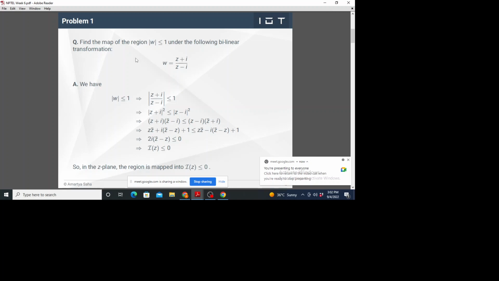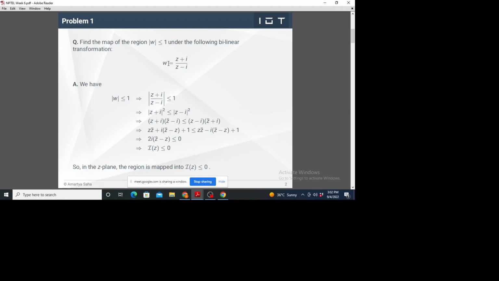For the first one, the region is the unit circle in the W plane, the unit circle and its interior, boundary and interior. We have to find the map of this region under the following bilinear transformation.